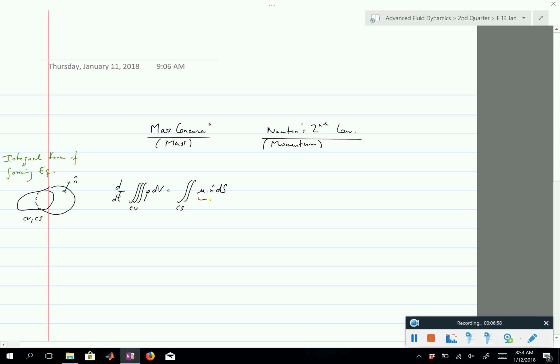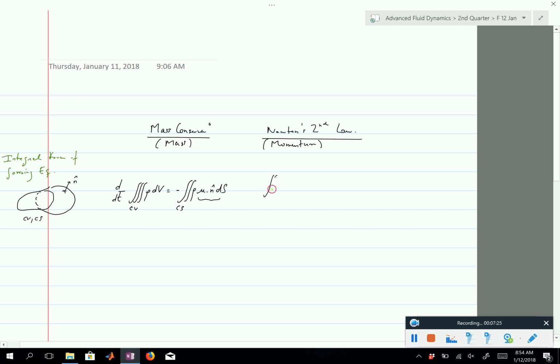U dot n dS here represents the volumetric flow rate, and so if you want the mass flow rate, then you just multiply by the density. This is your mass flow rate coming out of your control volume, and if you do a simple balance and reasoning, you realize that there has to be a minus sign here. So that's mass conservation at the integral level, and for the momentum equation, well, you have the same.